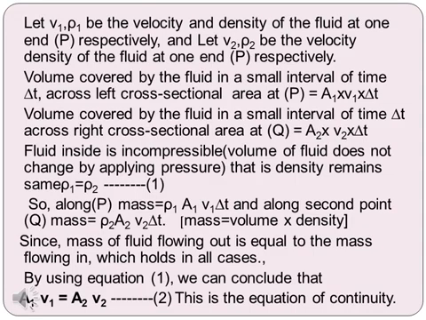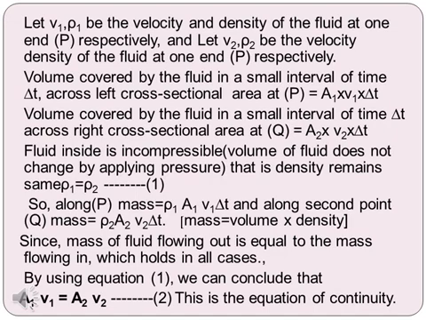Since mass is equal to volume into density, along the point P, the mass of the fluid is equal to its volume a1 v1 delta t into its density ρ1. So, mass along the point P is equal to ρ1 a1 v1 delta t. Similarly, along the second point Q, mass is equal to ρ2 a2 v2 delta t.